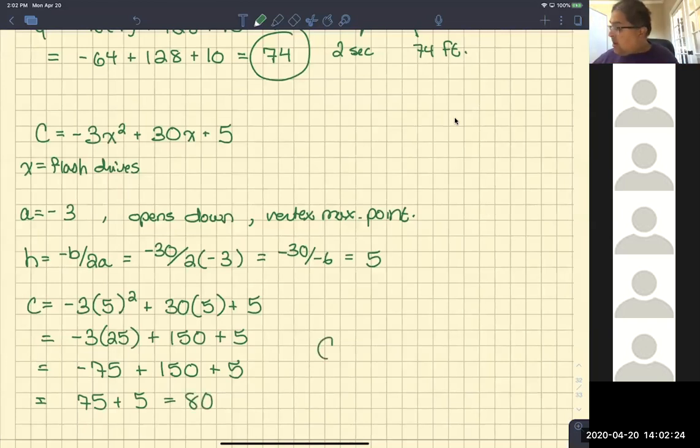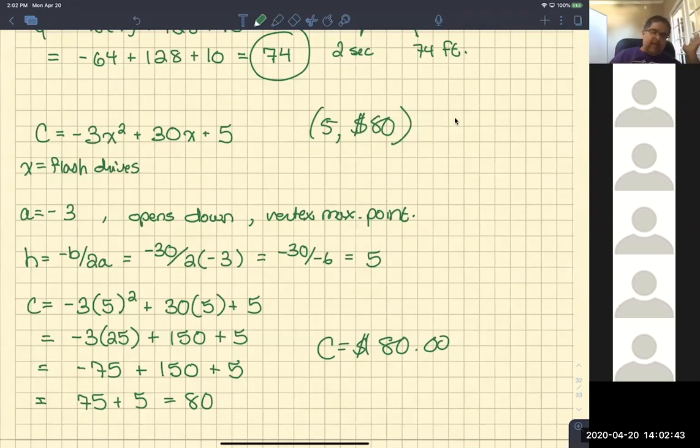So my maximum cost is $80, okay? My maximum cost to produce is $80, and that occurs when I produce 5 thumb drives. So as long as I produce less than 5 thumb drives, then I won't reach my maximum cost, right?